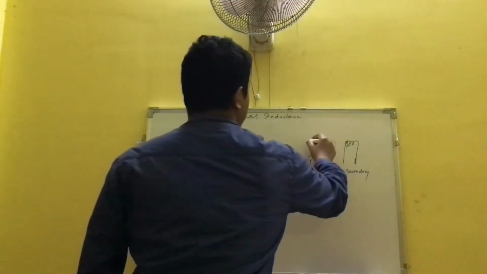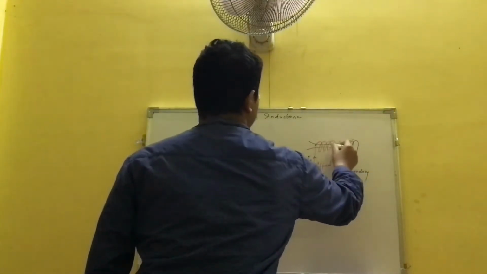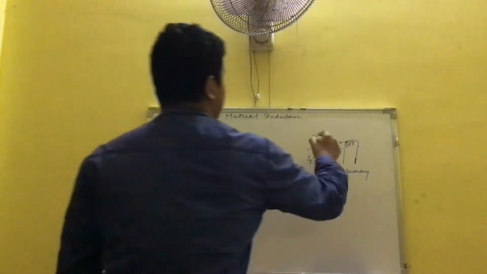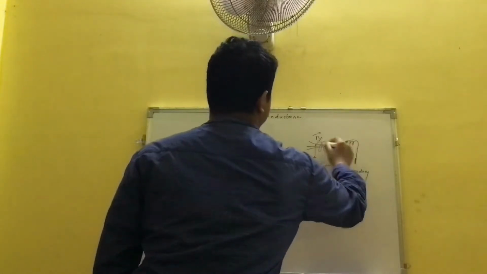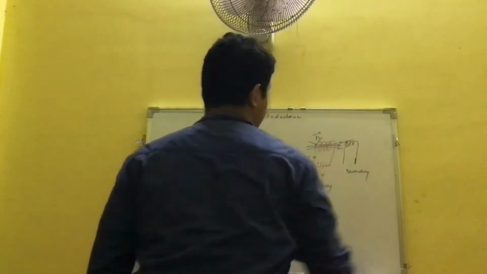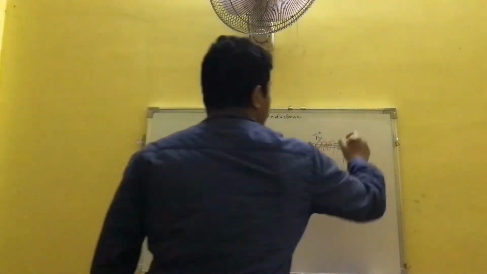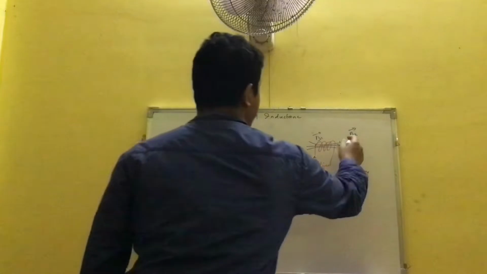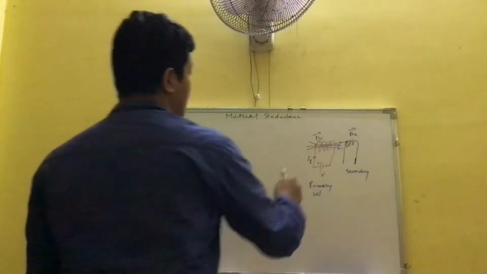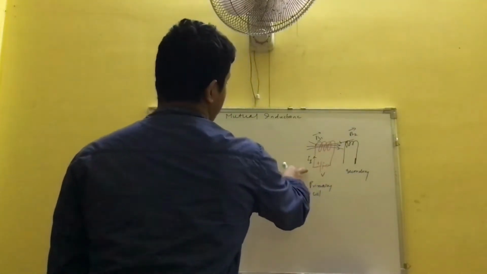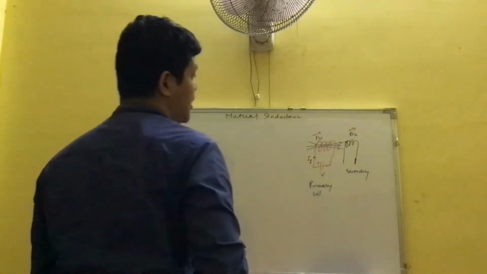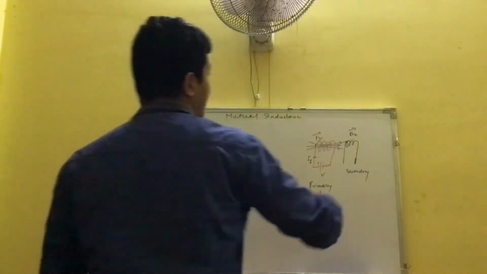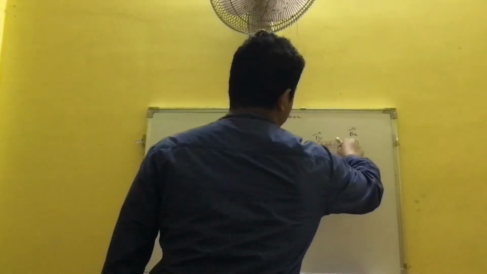Now this is the magnetic field generated in the primary coil, suppose B1, and some magnetic lines of force will pass through this, right? So let it be B2, magnetic field associated with this. As you switch it on, current increases from 0 to I1, and due to this increase in current, there will be change in flux, and that's going to be changing here also.